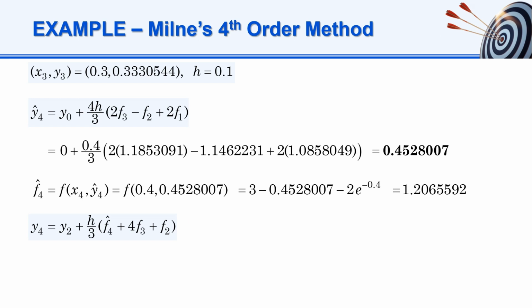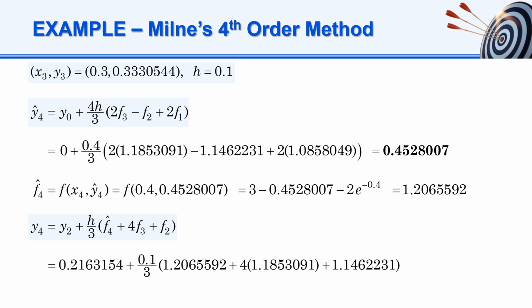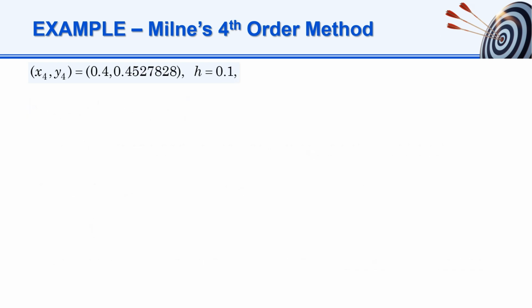And the corrected value y4 makes use of y2, F hat 4, F2, and F3, and it is calculated to be 0.4527828. 3 of the slopes can be fetched from the prior step. We calculate F4 for the current step.